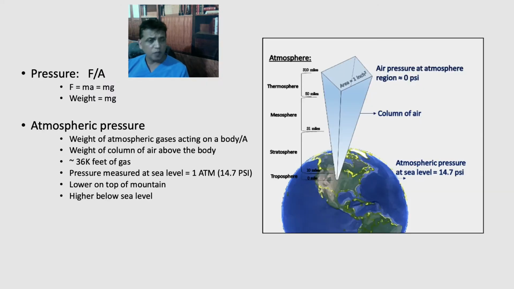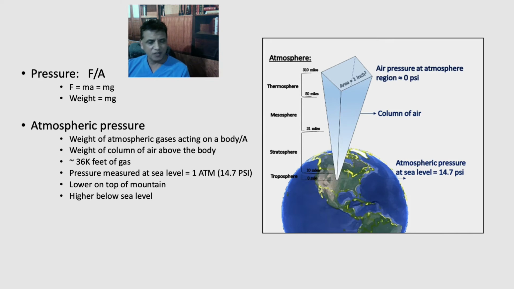So let's talk about pressure. Pressure is defined as force divided by area. Now, force, according to Newton's second law of motion, is mass times acceleration. One form of acceleration we are all familiar with on Earth is acceleration due to gravity, or g. So force equals mg.